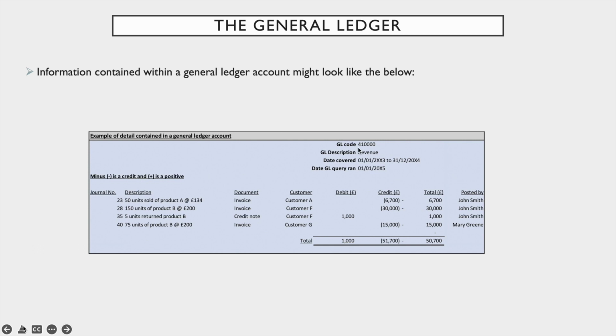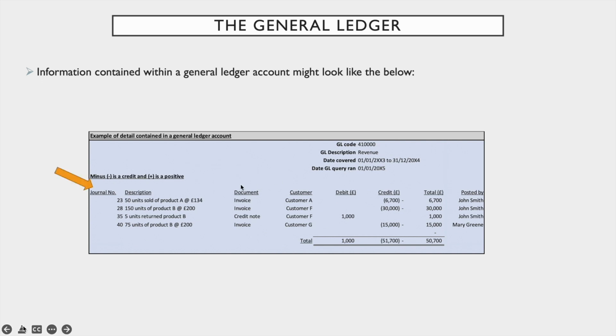In a general ledger account, you would see the GL code number, the general ledger description, and then you would set the date range for the transactions you want to see. This period is from the 1st of January 2003 to the 31st of December 2004, so effectively the full year for revenue. Okay, some other things we want to draw your attention to here.